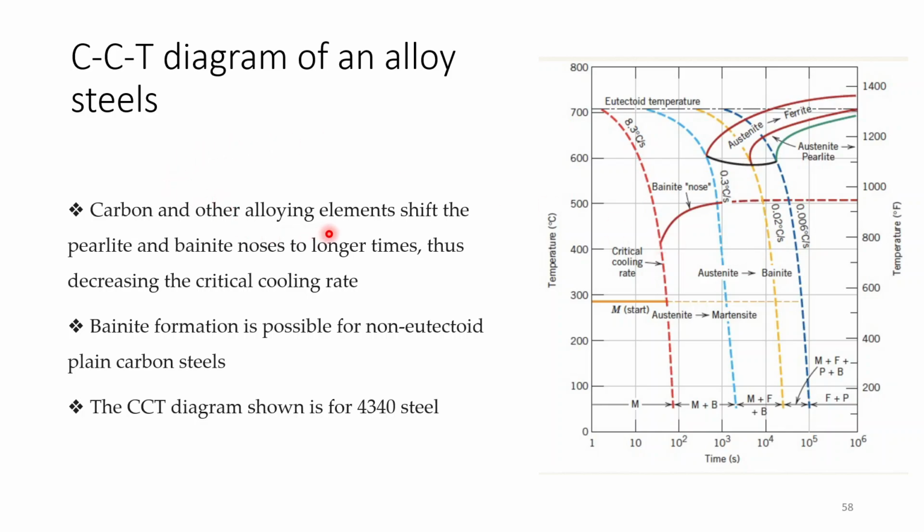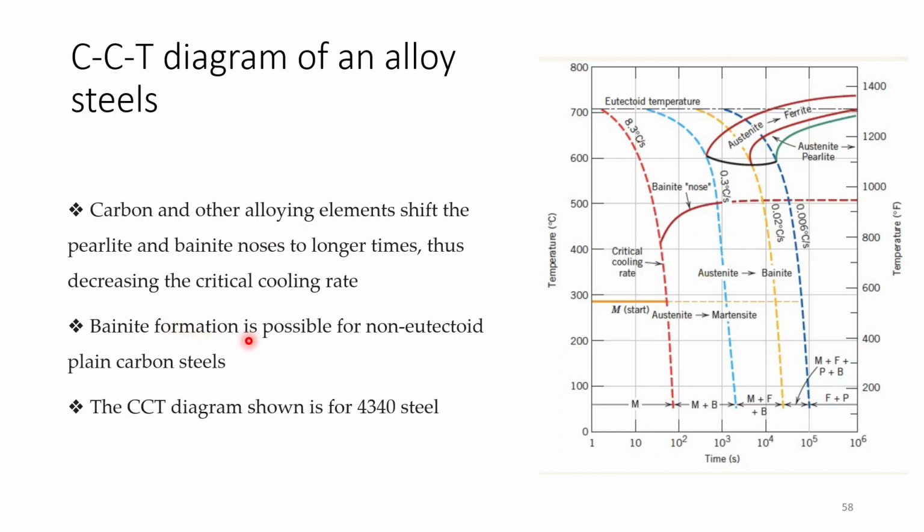So carbon and other alloying elements shift the pearlite and bainite noses to longer times. If you keep on adding alloying elements and carbon, this particular nose will shift to longer times, to this side, because of the lesser ease of diffusion. So it is more likely to form martensite if you have a larger amount of alloying elements.